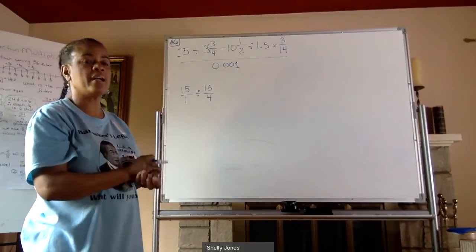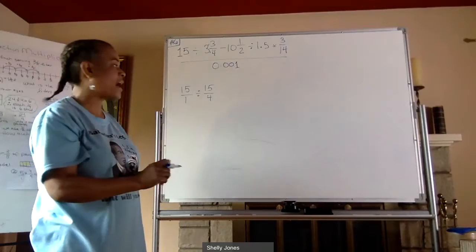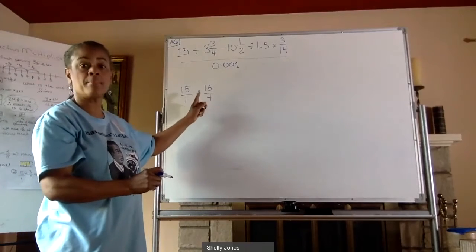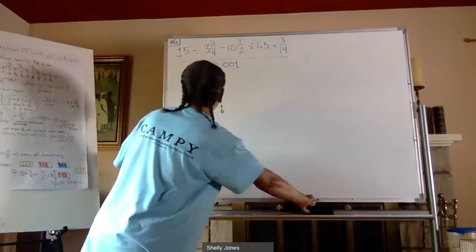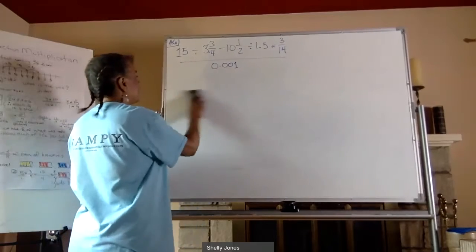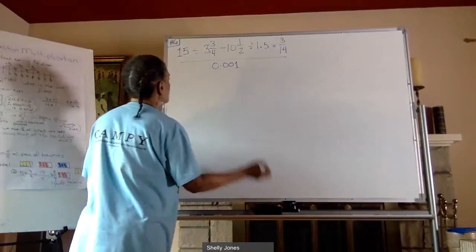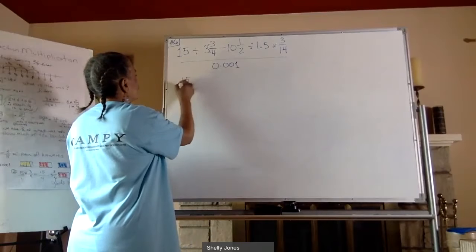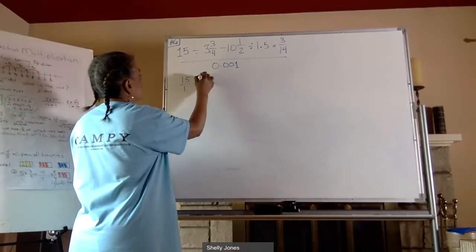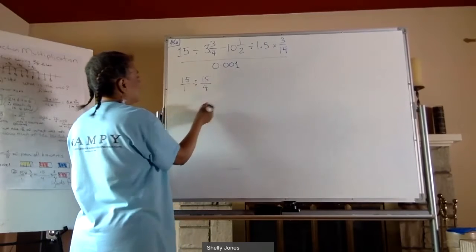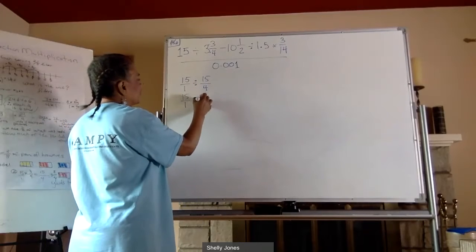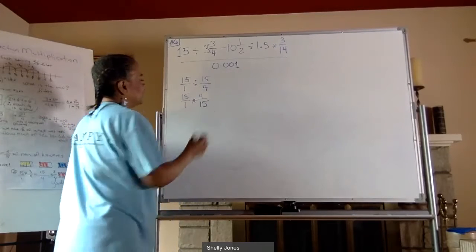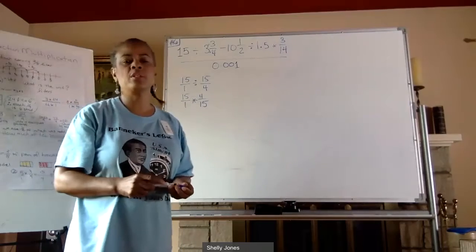But when I divide fractions, I'm going to actually multiply by the reciprocal. So I'm going to change 15 first. And I want to actually move that up a bit, because I feel like I'm going to need a lot of space. So I had 15 over 1 divided by 15 over 4. And now I'm going to change that to 15 over 1 times 4 over 15. So I'm multiplying by the reciprocal.